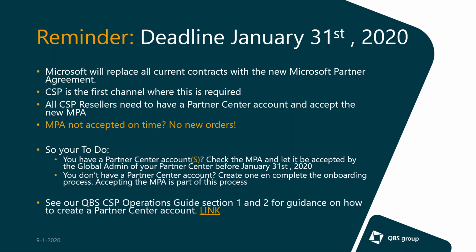But once again, please be sure that your MPA has been signed this month. Otherwise, we will get a lot of stress early next month of customers placing new orders for you as a partner, but you're not able to place them in the portal. So please be sure to accept the MPA before the end of this month.